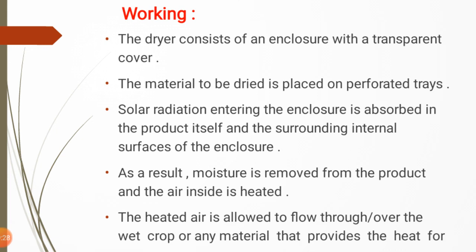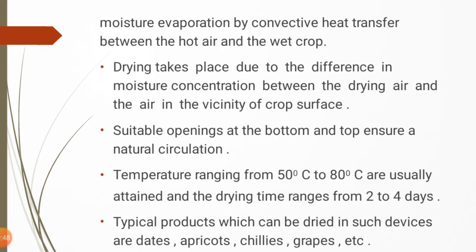That means due to hot air there is removal of the moisture from the product, so that the product gets dried, and the heated air is allowed to flow through or over the wet crop or any material that provides the heat for moisture evaporation by convective heat transfer between the hot air and the wet crop.